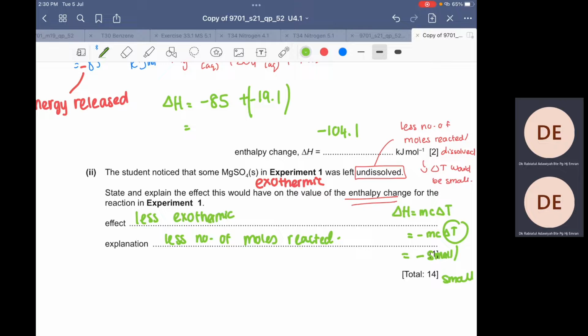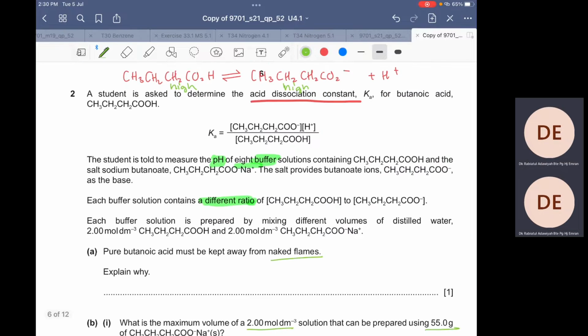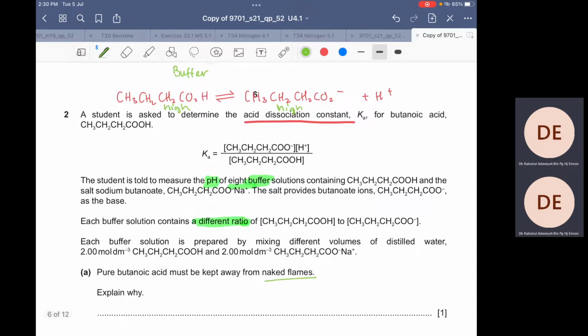Okay, we move on to the next question. So actually, the next question, you can just move through the questions without understanding what's happening. Okay? But of course, I will just explain to you.